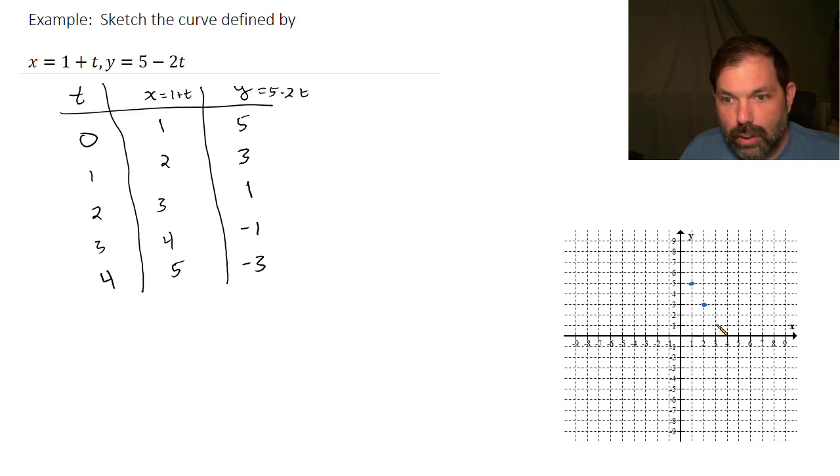Then 3, 1. 4, negative 1. 5, negative 3. And so it looks like this curve is really just a line. If we look at those points, they appear to be a line passing through those points. So I can draw the line through those points, the best I can here.